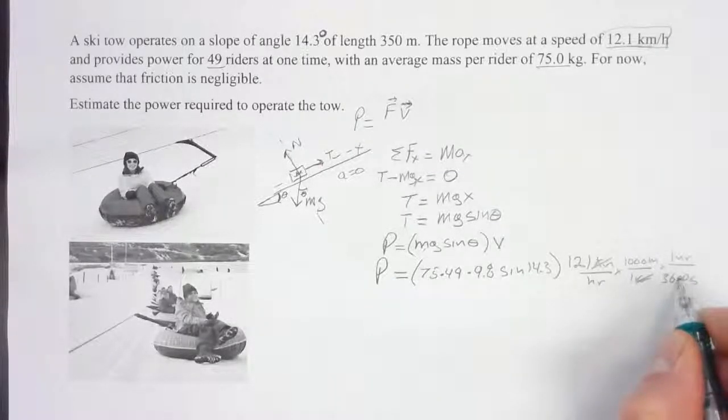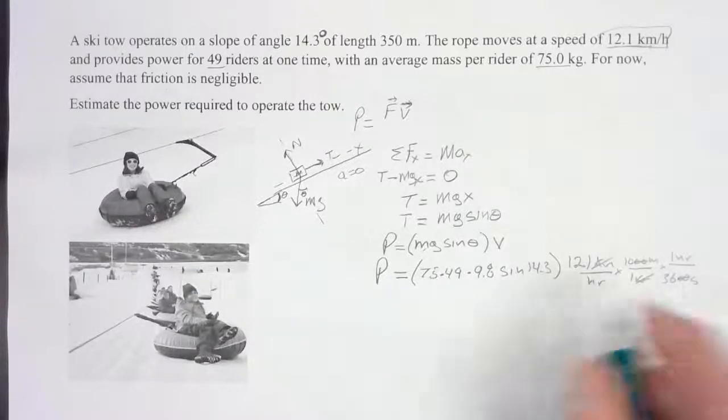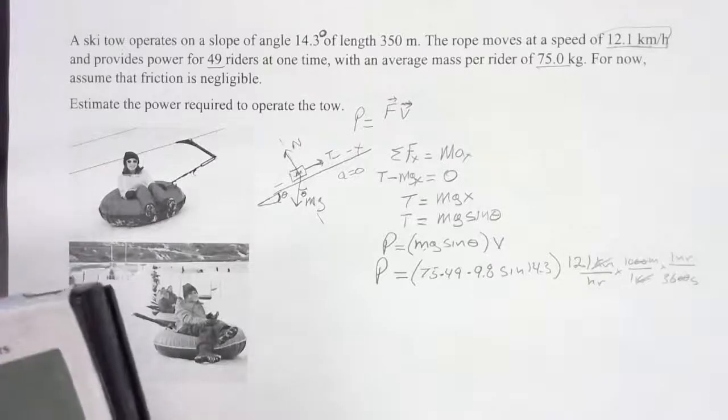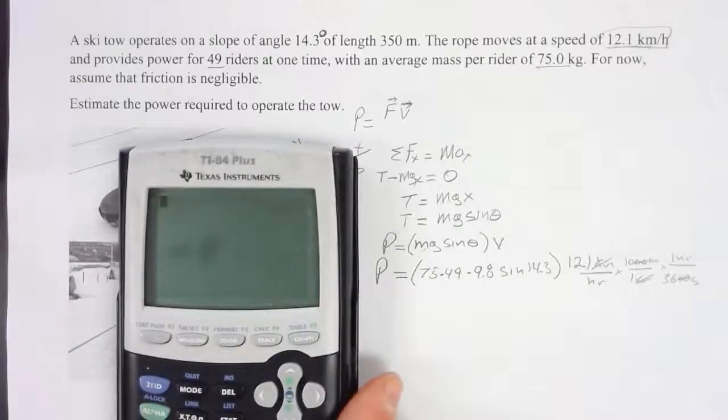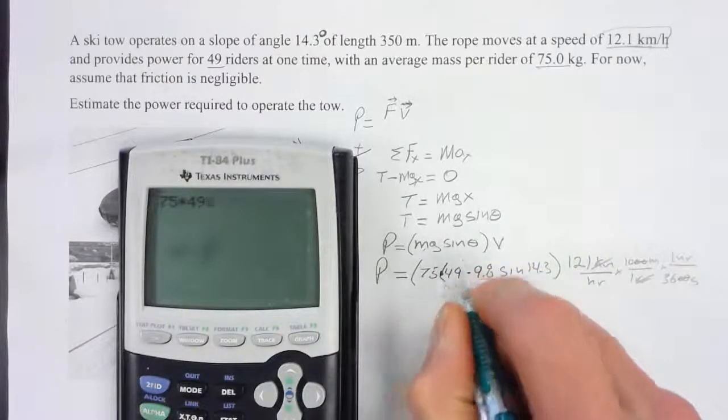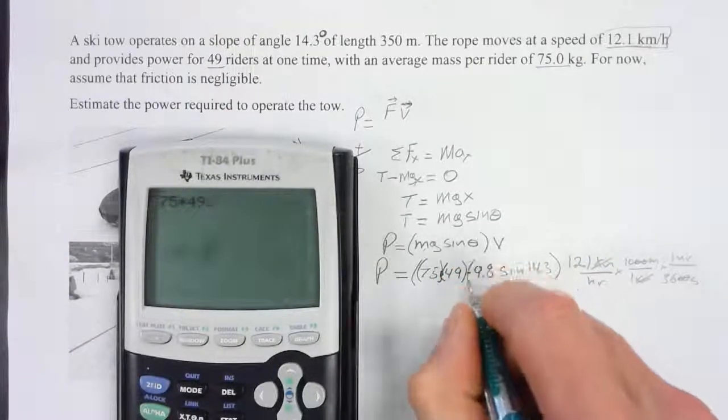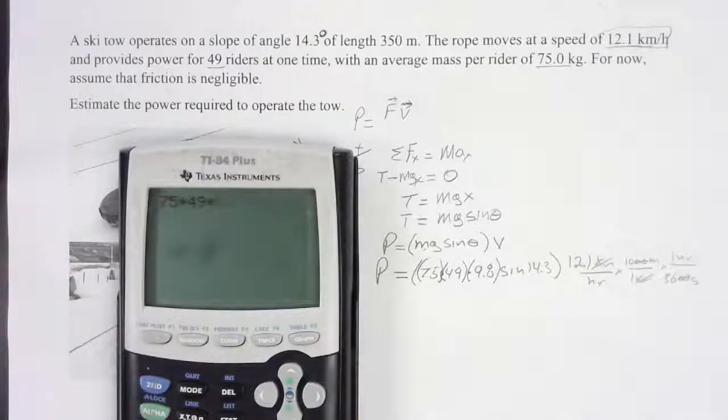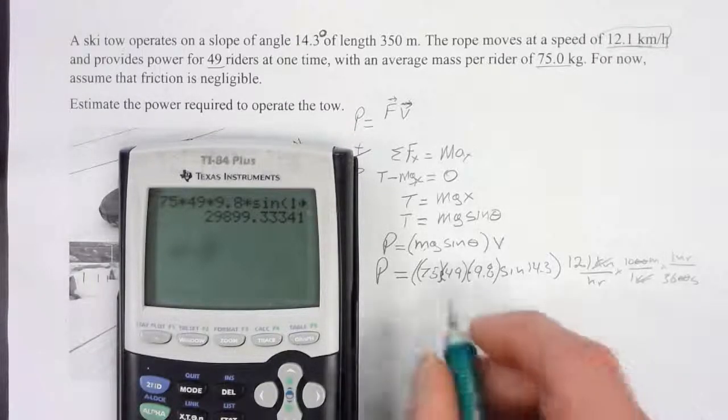I can reduce this and plug all that in. So we're going to do 75 times 49. That's a times, right? That's multiplied by, not a decimal, likewise there, times 9.8 times the sine of 14.3 times 12.1 times 10 divided by 36. 29,899.